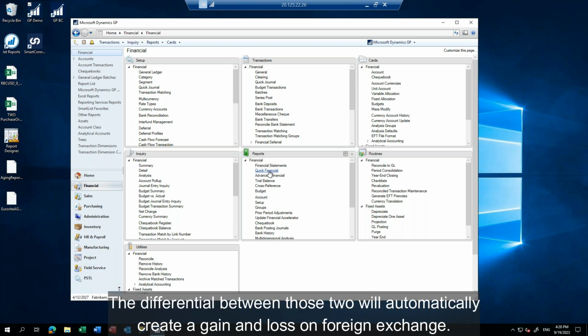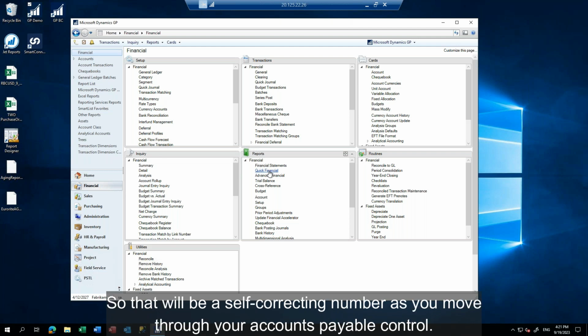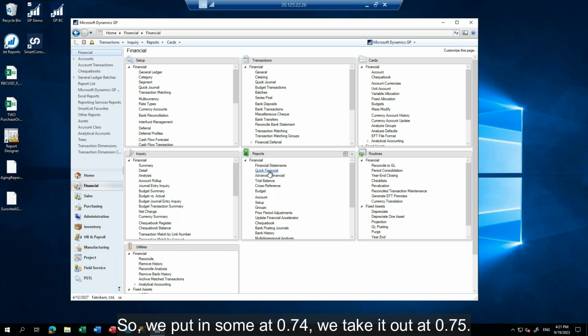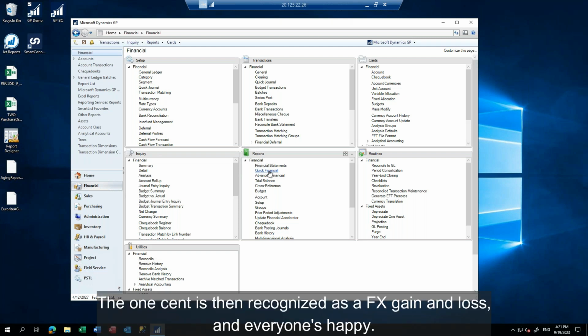The differential between those two will automatically create a gain and loss on foreign exchange. So that will be a self-correcting number as you move through your accounts payable control. So we put in some at 74, we take it out at 75. The 1 cent is then recognized as an FX gain and loss, and everyone's happy.